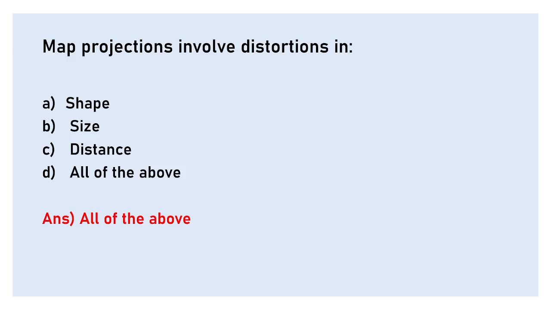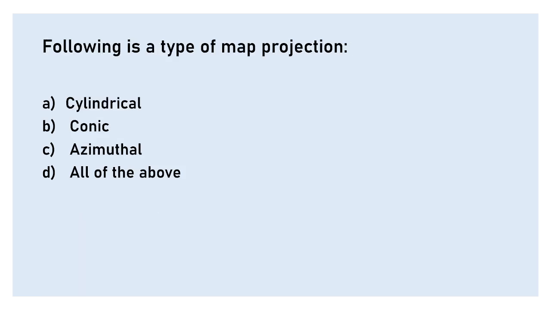Depending on your requirement, if you want the direction aspect preserved, then you have to go for cylindrical projection. Area means conical, like that. Following is a type of map projection.